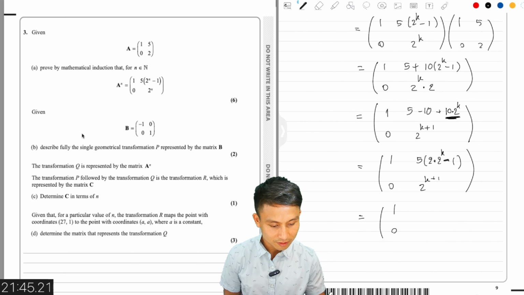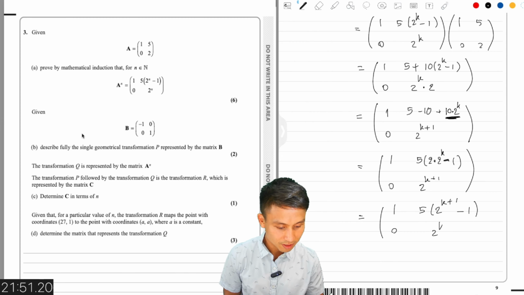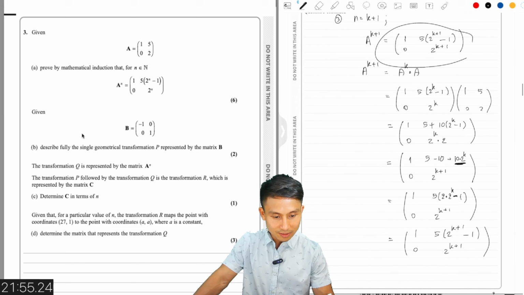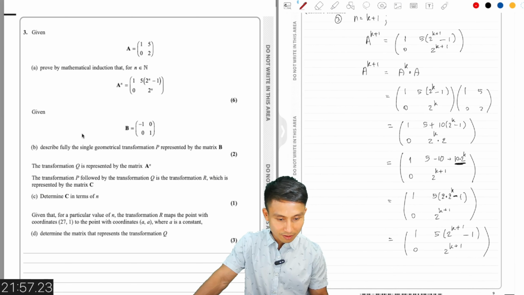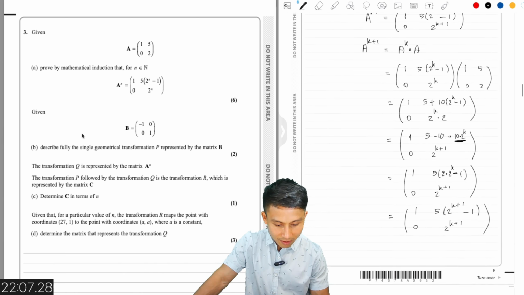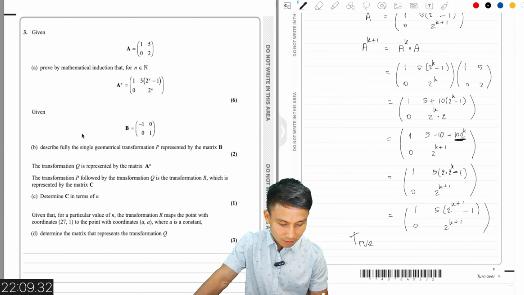So 2 to the k plus 1 minus 1, and 2 to the k plus 1 here. So that is the same as this, from the definition of the formula, and this is what we worked on to get it. So therefore, true for n equals k plus 1.